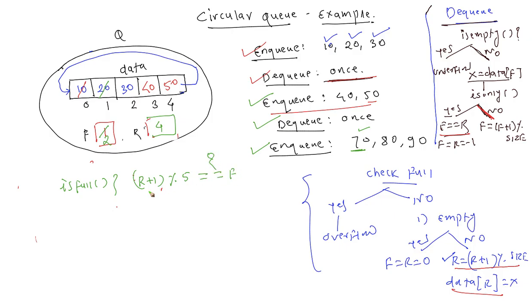See this calculation, I am not assigning this value immediately. I'm just getting the value of r, doing this calculation, and checking whether the next location, in the circular fashion, is equal to f. So r is 4, 4 plus 1 mod 5, is it equal to f, which is 2?